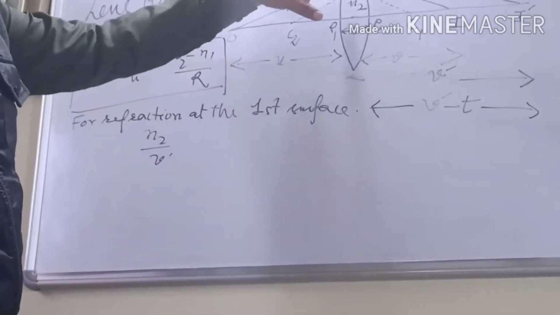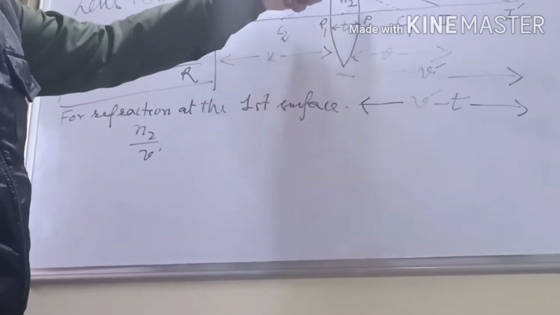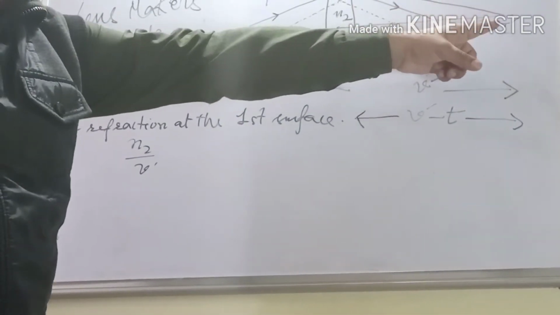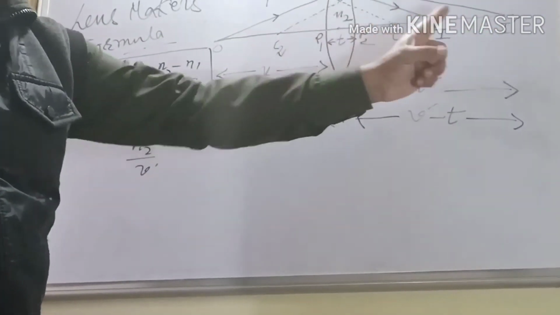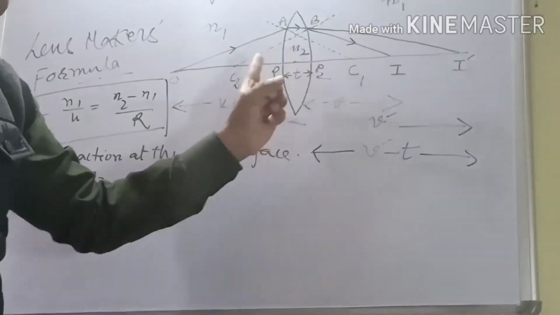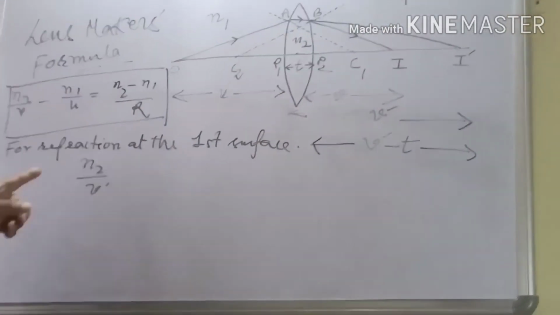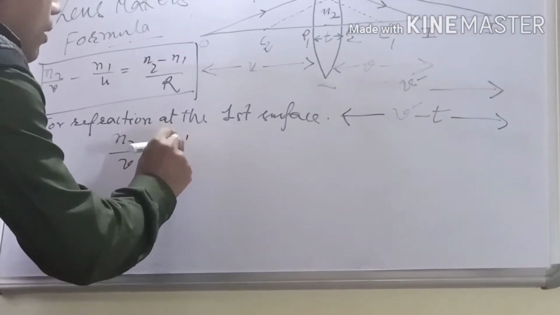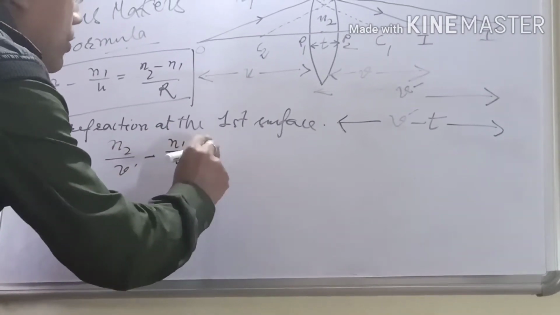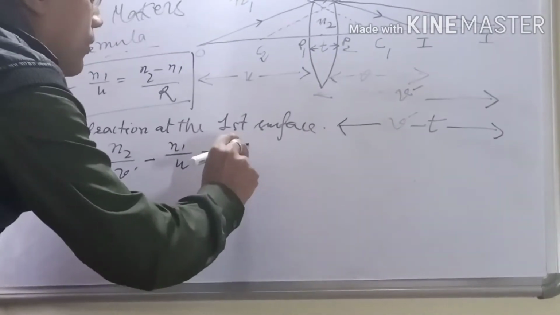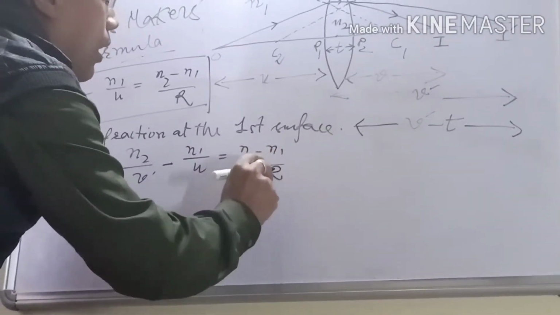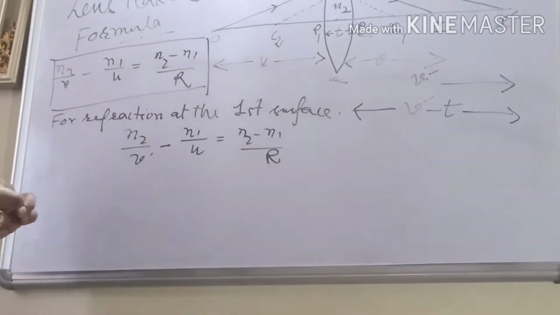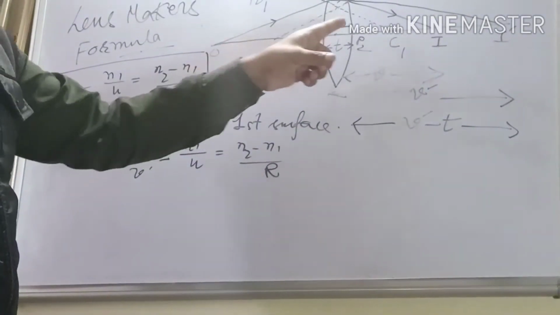As you may recall, because of refraction at the first surface, the ray of light should have met over here at the point I dash. So the distance of I dash from P1 is the image distance for refraction at the first surface. So we will say N2 by V dash minus N1 upon U is equal to N2 minus N1 upon R. But you should not write R over here, because the centers of curvature are different.